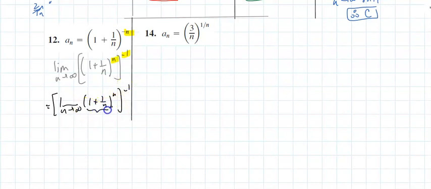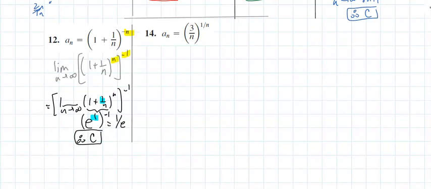And we all know what that is. That's e to the 1 raised to the negative 1, so that is actually 1 over e. Therefore, converge. Again, if this was a series, we would have said this series diverges by test for divergence. But those are sequences, so the limit is going to help out.